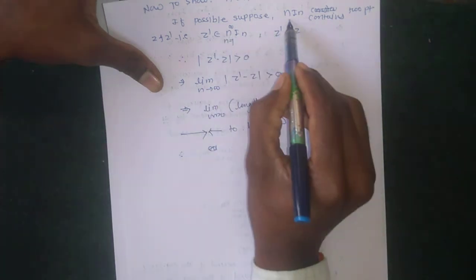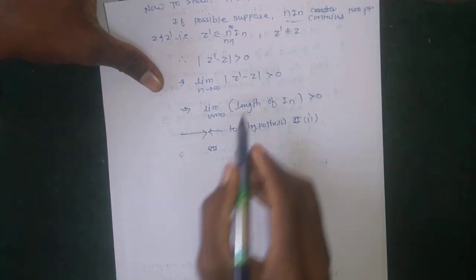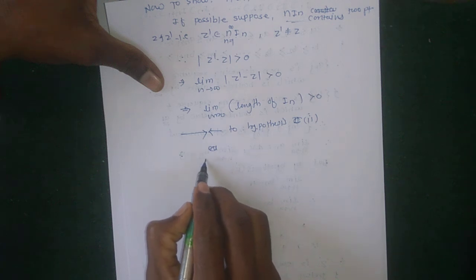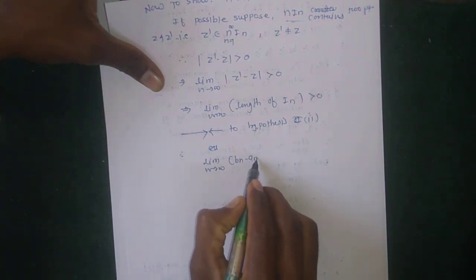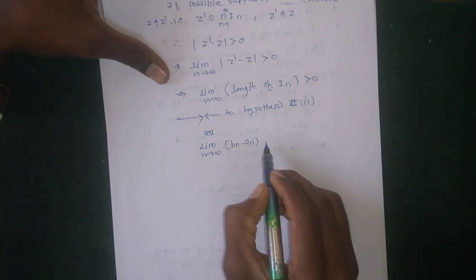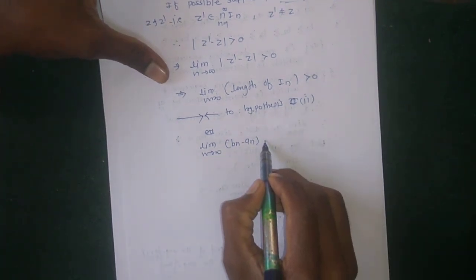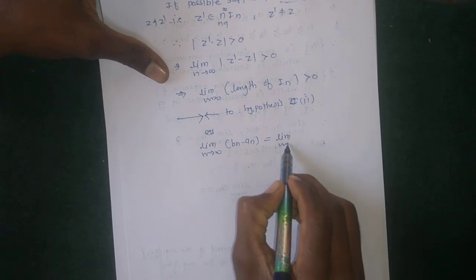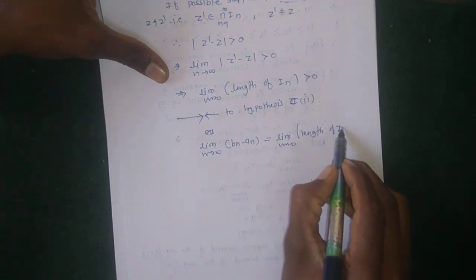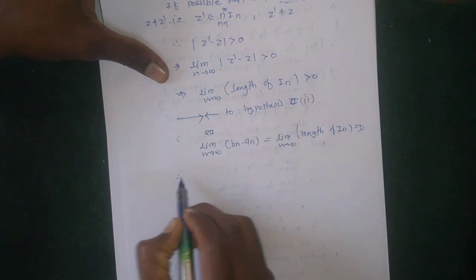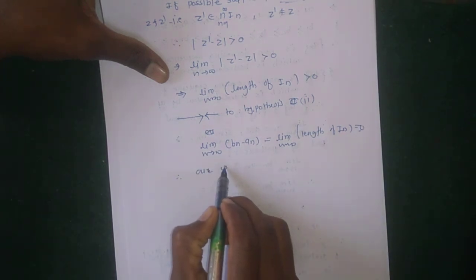Therefore this assumption is wrong. The second hypothesis says the limit as n tends to infinity of Bn minus An, that is the length of In, is equal to 0, and therefore our assumption was wrong.